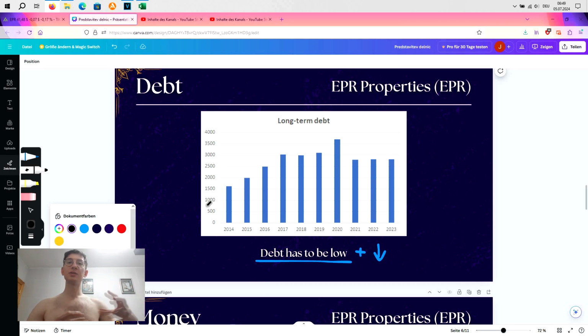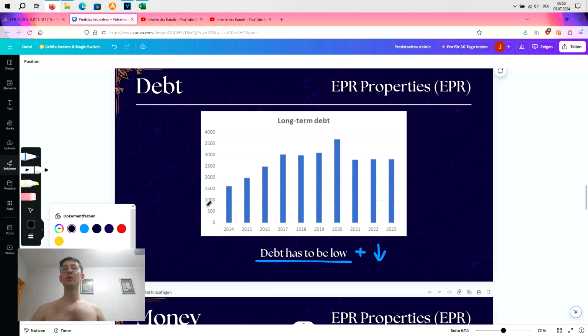So the more debt they have, the more real estate they can buy, and the more real estate they have, the more they can rent it out and have those monthly payments from that real estate. So actually, the more that they grow, the more debt they will have, because obviously they buy real estate with debt, okay?